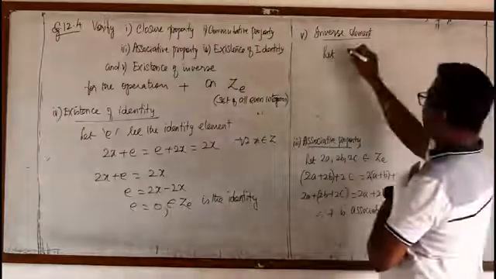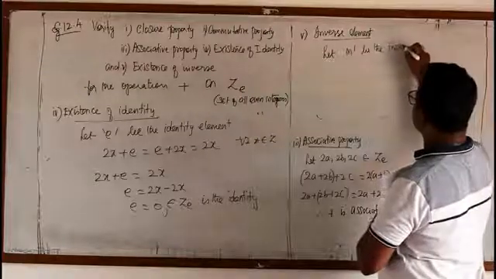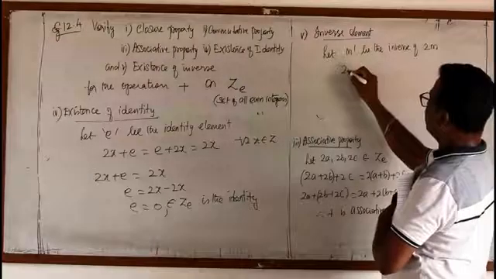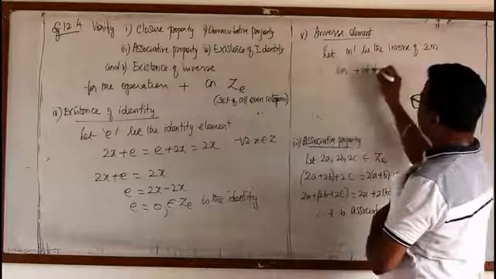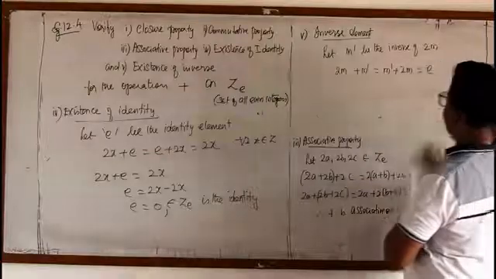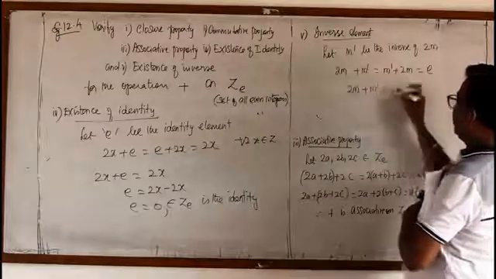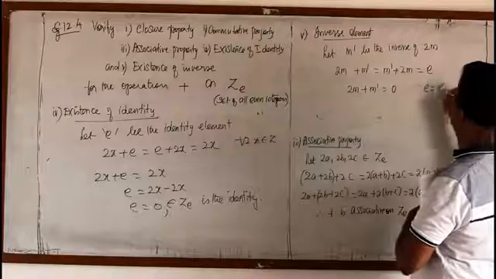That is, let m dash be the inverse of 2m. That is 2m plus m dash, or m dash plus 2m, the answer is E. If I take 2m plus m dash, we know the identity element E equals 0.